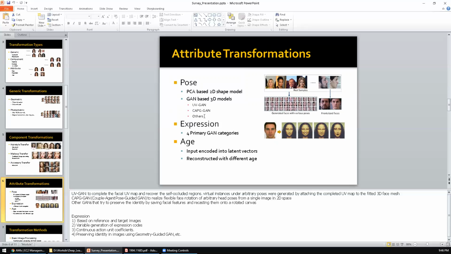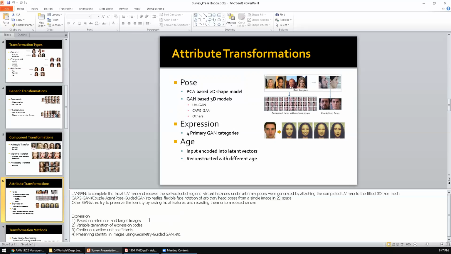And then there are various other GANs for recognizing what the basic features of your face are from a geometric perspective, as well as from a color and contrast perspective, and then they try to reconstruct your face in a different orientation.